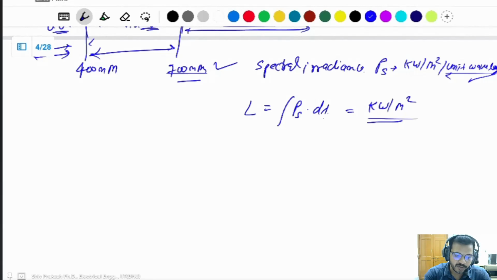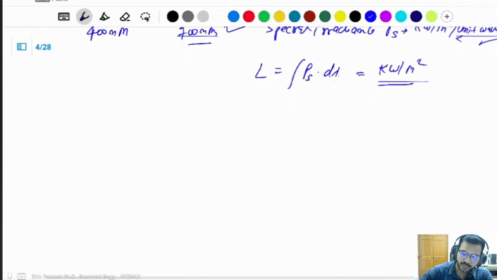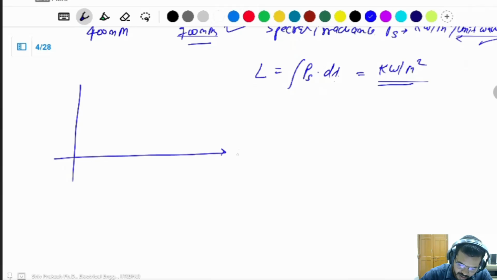But the performance also decreases with insolation over the day timing. You can say morning to evening. That is also a factor. So this is a factor that affects the insolation of the light. You can say it will be simply like this, 6 a.m. to 6 p.m., 12 hours.